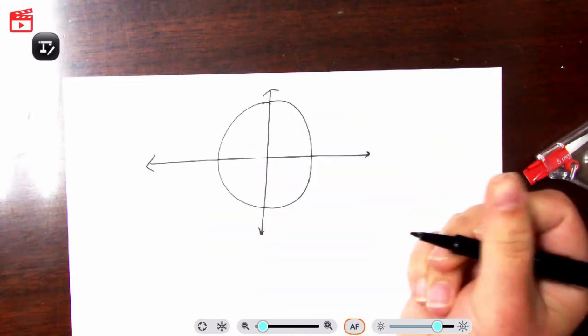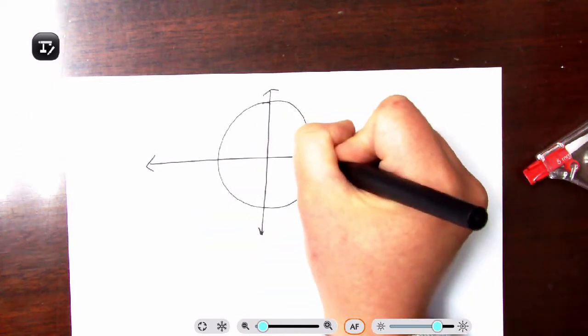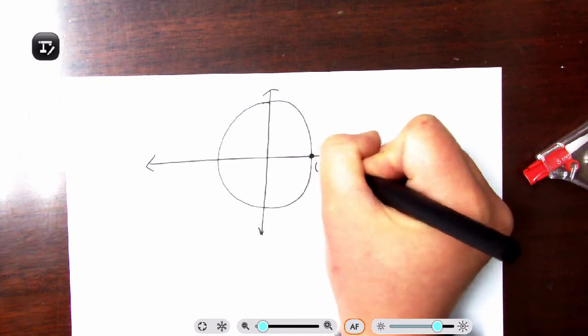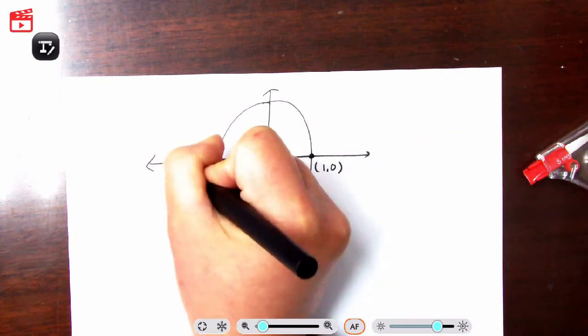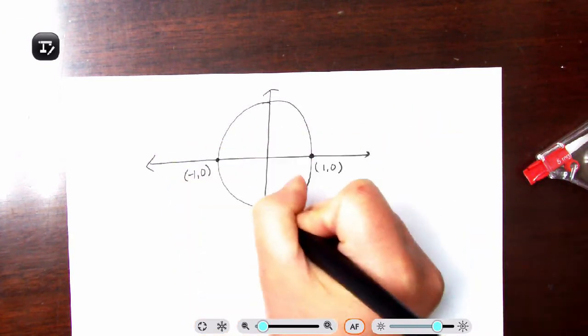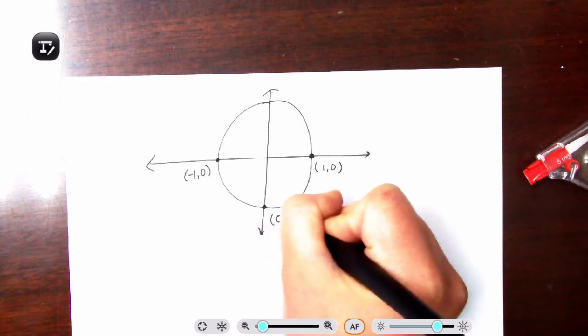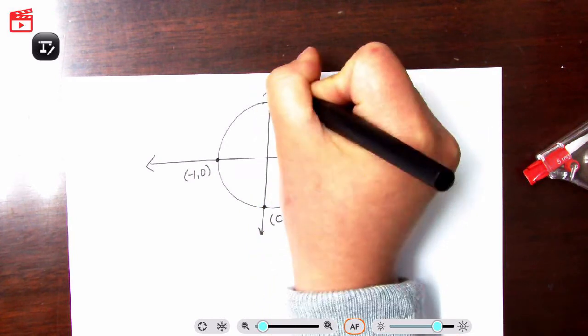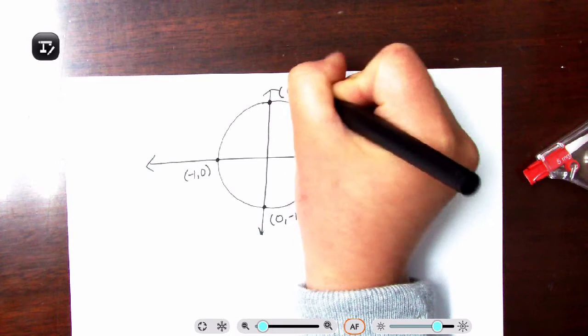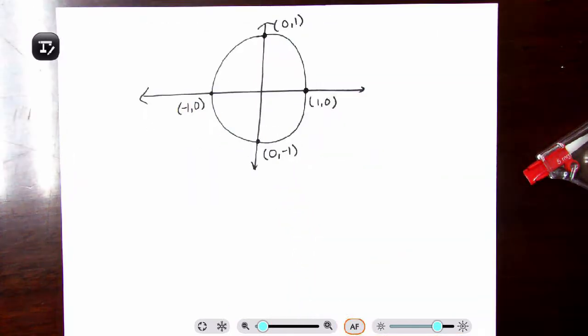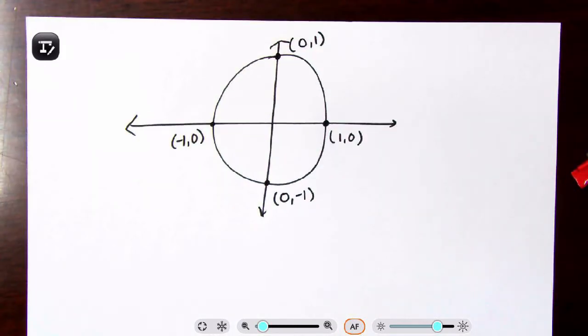I'm not sure if that's any better, but let's just go ahead and stick to it. This point right here is 1, 0. This point right here is -1, 0. This point right here is 0, -1. And this point right here is 0, 1. Just like our usual points. Let's try to zoom in just a little bit.